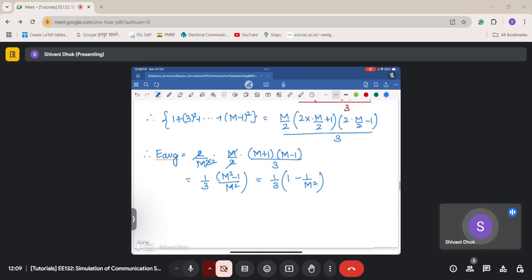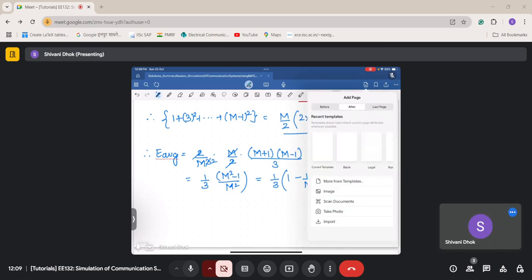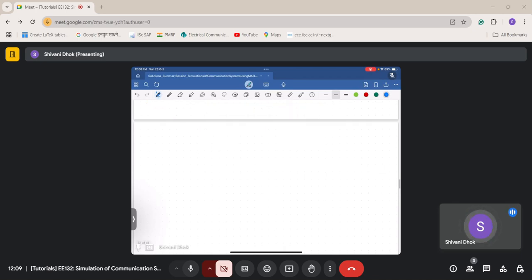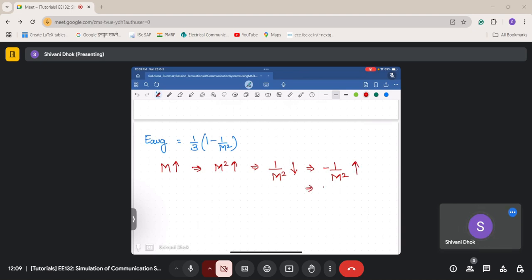Okay, so now let us try to understand what is happening here. You have E average as 1 by 3, 1 minus 1 by m square. As m increases, it implies that your m square increases. It implies that your 1 by m square will decrease, which means that minus of 1 by m square will increase. So 1 minus 1 by m square will increase.